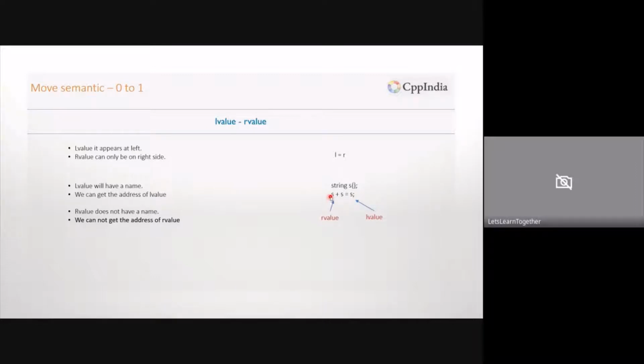In this example, s plus s is going to create another temporary object which we don't have any name for, and we cannot get the address of that temporary object. The result of this s plus s is an R value.